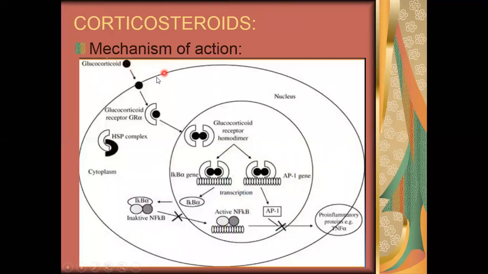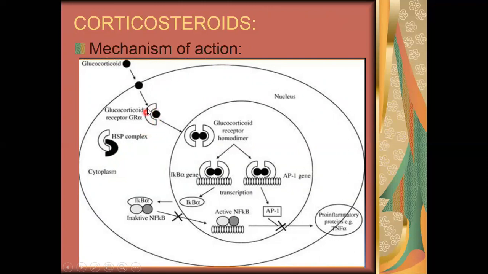And corticosteroids. Whenever these corticosteroids enter into the cytoplasm, they bind with the freely available corticosteroid receptors in the cytoplasm. Usually these receptors are in an inactivated condition along with the heat shock protein complex, the HSP complex. So whenever the drug enters the cytoplasm, it binds with the corticosteroid receptor, and the HSP complex is detached from the receptor and it gets activated.